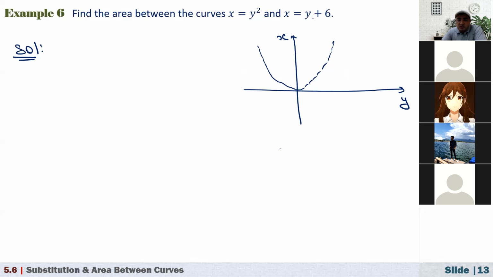And how about x equals y plus 6? That means y equals x plus 6. When x is equal to 0, y is 6, and when x is minus 6, y is equal to 0.